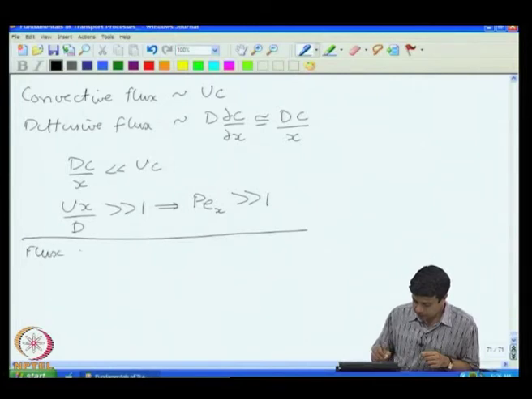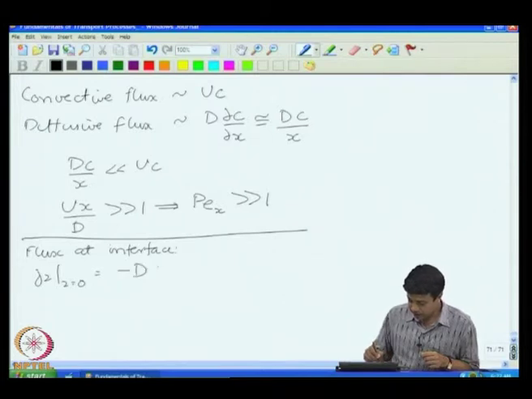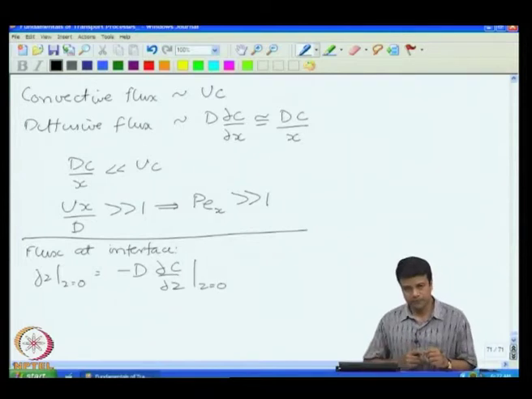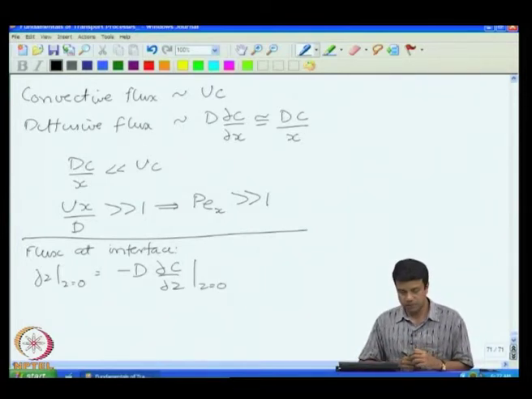Flux at interface, Jz at z equal to 0 is equal to minus d times partial c by partial z at z equal to 0. So, the flux at the surface is equal to minus d times the concentration gradient at the surface.